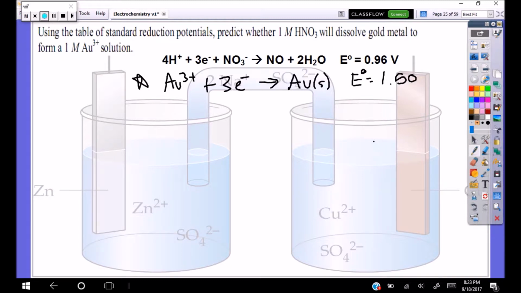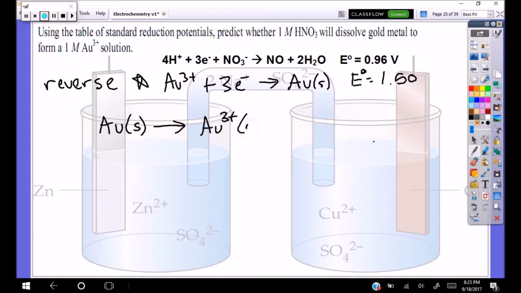We're trying to figure out, will this react in such a way with gold metal such that we get gold ions dissolved in a solution? Well, since these are on the wrong side, what we can do is reverse it. The way we would reverse is very similar to some of the things we did with Hess's law. So you just reverse. Au solid gives us Au3+.